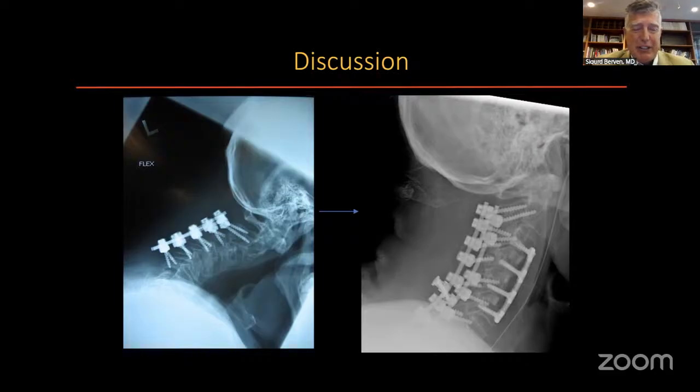Number two, when we're doing a laminoplasty, do all we can to try and preserve our tension band, right? Certainly our muscular attachments to C2 as well as C7, and to the extent we can, a good fascial repair. And number three, in our neuromuscular patients, perhaps leaning towards a fusion rather than motion preservation.